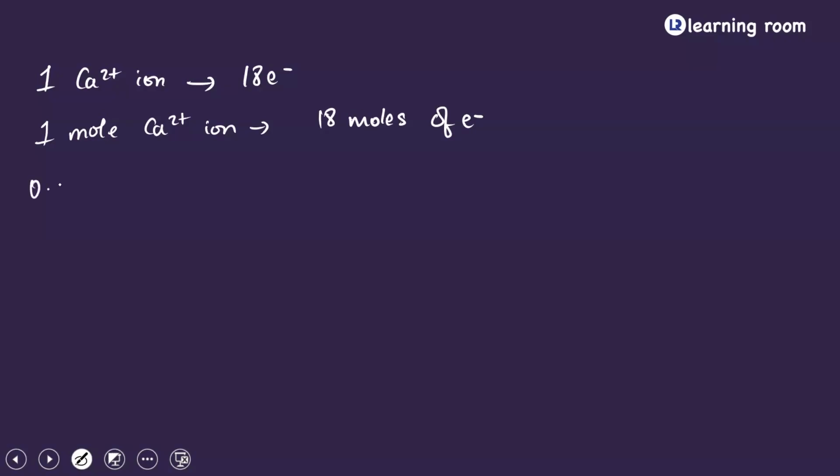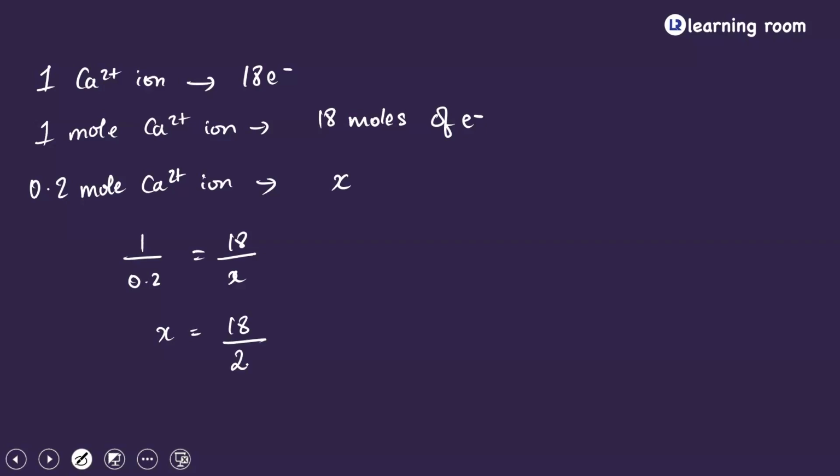So 0.2 moles of calcium ion will have how many electrons? Let it be x. Then 1 by 0.2 is equal to 18 by x, so x is equal to 18 by 0.2, which is 90.